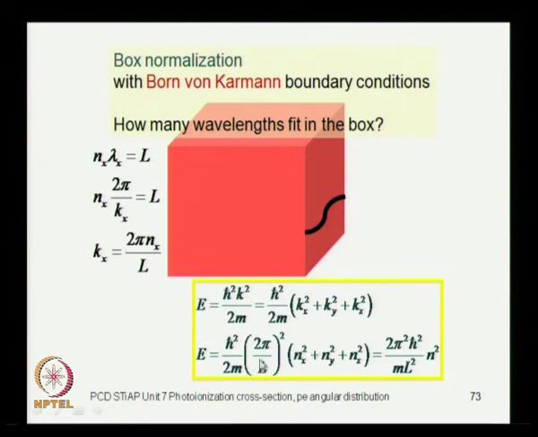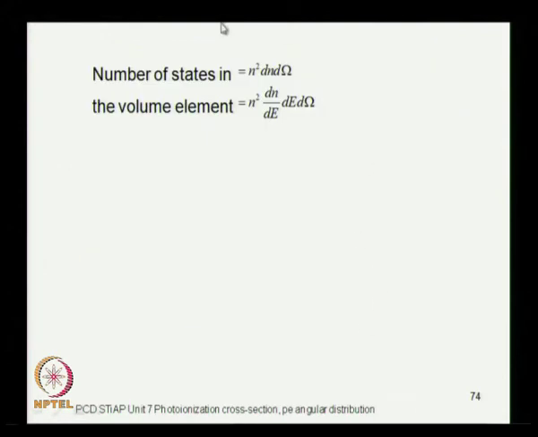Okay. So, this is what allows you to write the energy as n square times the rest of the constant factor. L is the length of the box, but it will disappear from our final result. So, this is the number of states in this volume element that we must use.